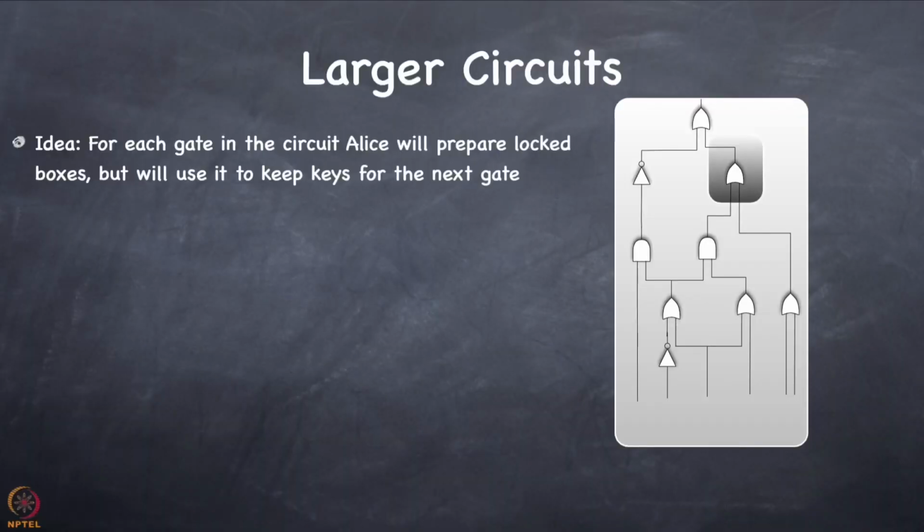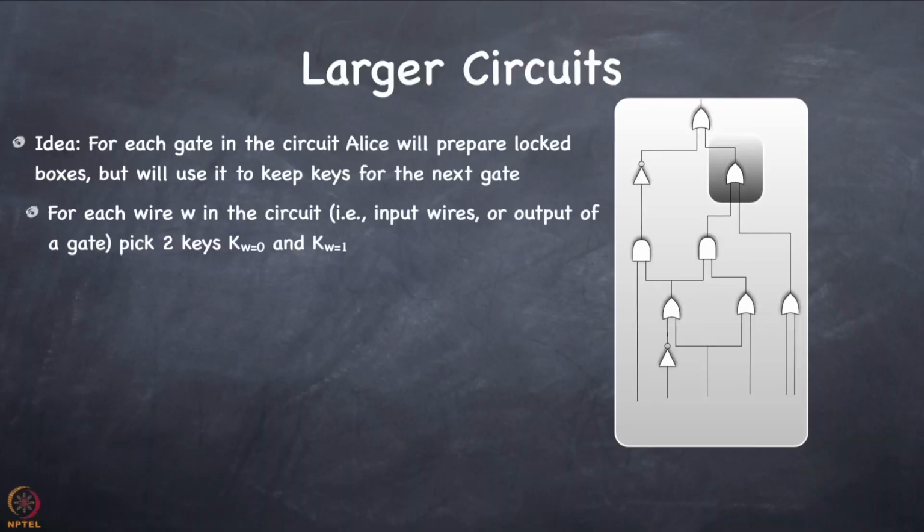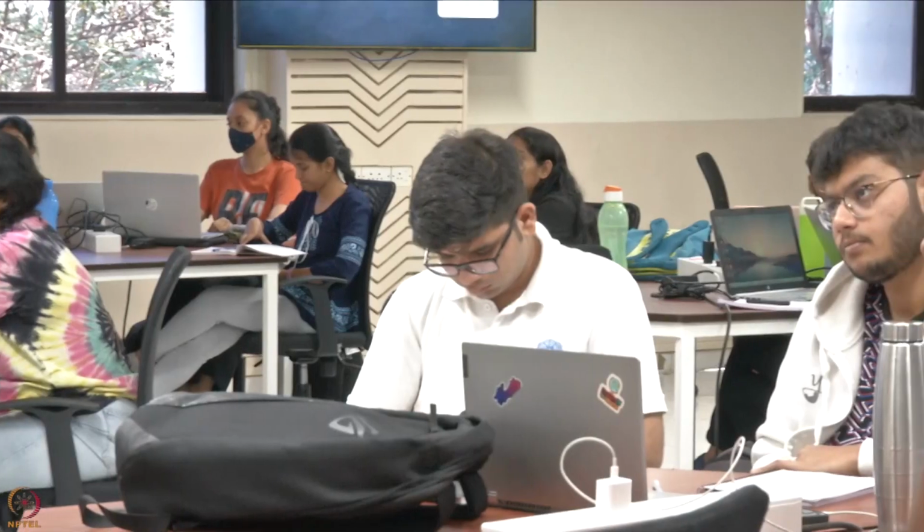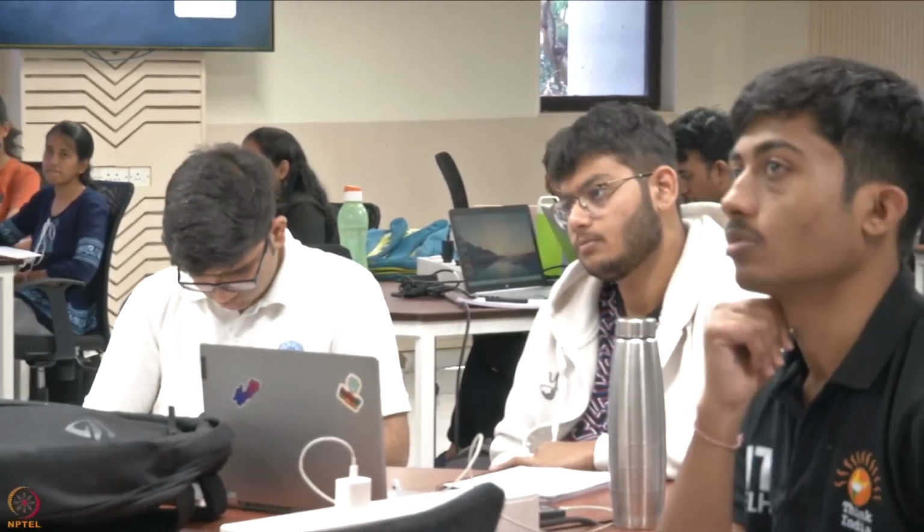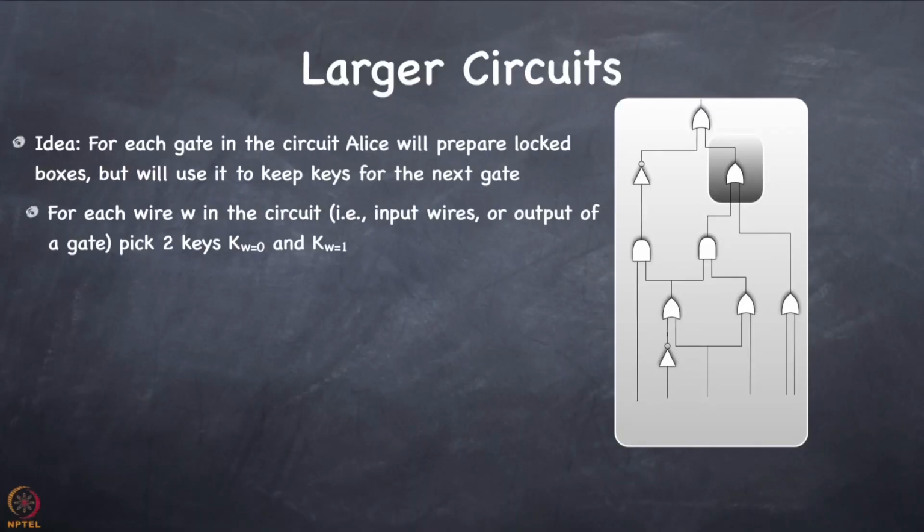So let's look at one of these gates. For each wire in the circuit, a wire can be identified as a gate, the gate from which the output comes out. So I'm giving that wire a variable name, wire W. For every wire, there will be 2 keys, everywhere except the output wire.